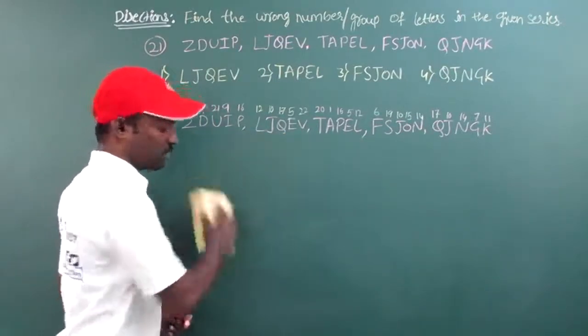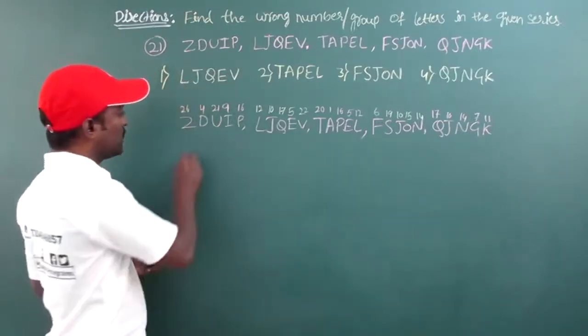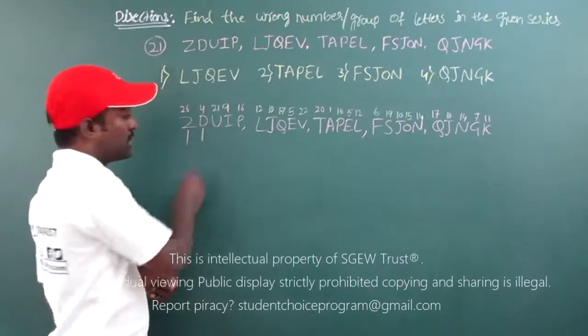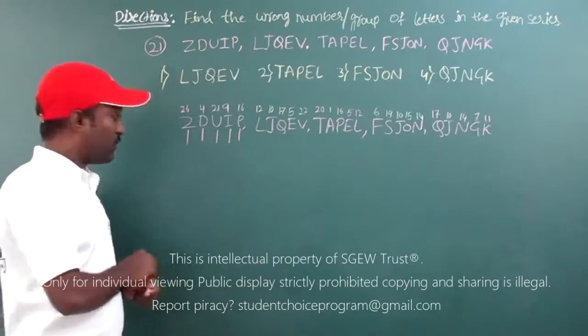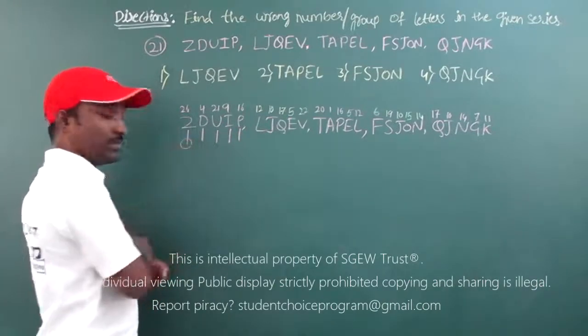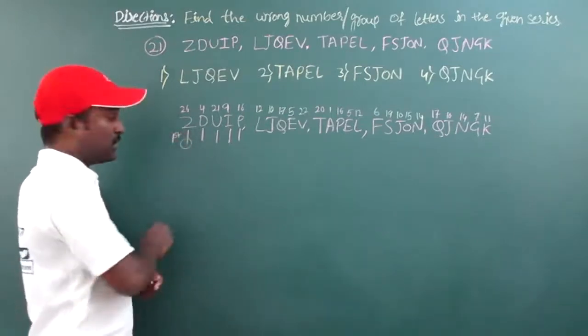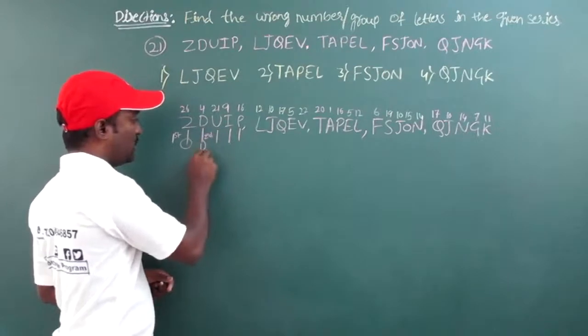the positions of letters in even and odd places. This is the first letter, this is second, this is third, this is fourth, this is fifth letter. This is at the odd position because it is in the first position. This is second, that means it is at the even position.